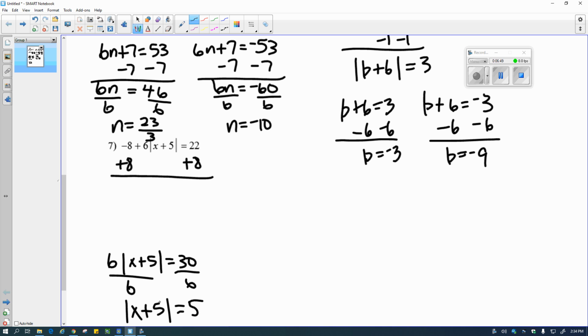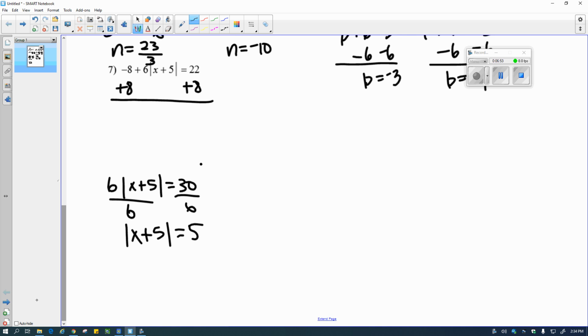And now I can break down my, I'm just going to move that down. I don't know why it does that. But now I'm just going to break that down into my two equations. So x plus 5 could be positive 5, or x plus 5 could be negative 5. That's inside of here. Again, that could be positive 5 or that could be negative 5 to result in the answer being positive 5.